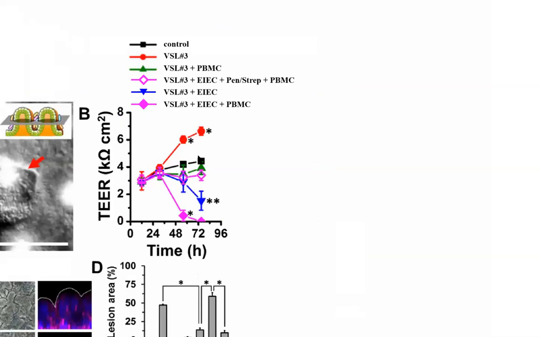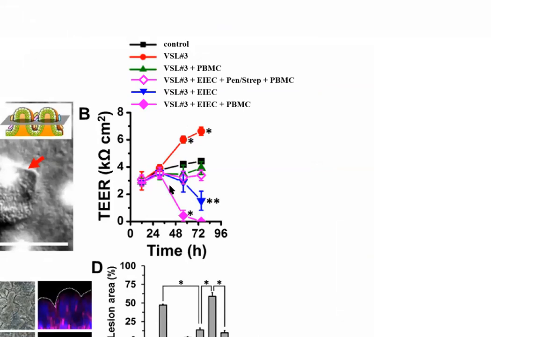So when inflammation is happening, we want to know how to treat it. So they evaluated anti-inflammatory treatment using probiotic bacteria and antibiotics. First, they used this VSL number 3, a formula containing 8 strains of probiotic bacteria, meaning good bacteria.